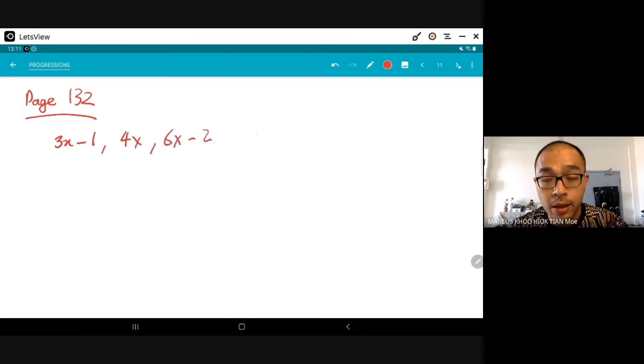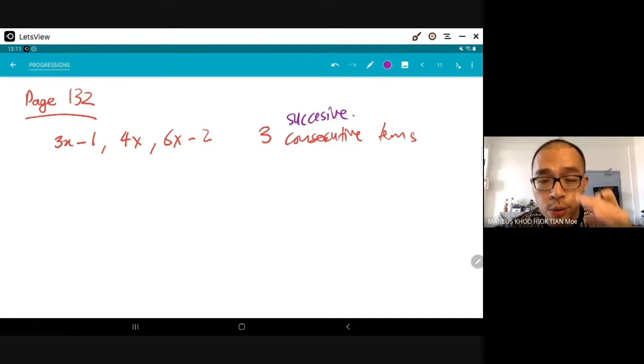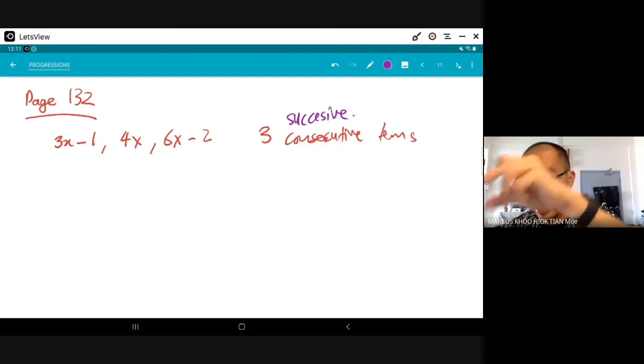Then they cakap there are 3 consecutive terms. Consecutive dengan perkataan yang kita belajar tadi ya, successive, maksudnya adalah sama. Dia adalah tiga nombor yang berturutan, one after another.